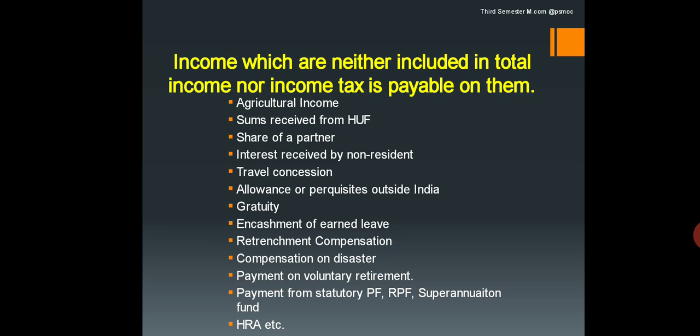So these compensations are not taxable, because this is to compensate for the disaster. And this year also, with corona, and the rain coming, if some disaster happens and the government pays some compensation, we need not pay taxes for that.